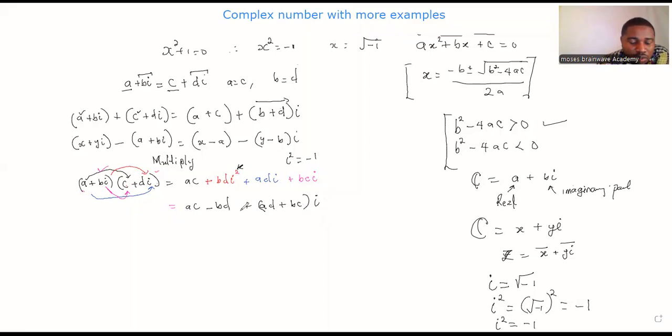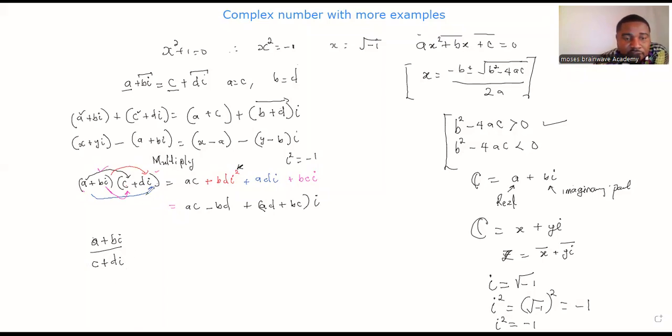Now, also, if I want to divide a complex number, let's give some example here. Let's say I have A plus BI. Now I'm supposed to divide this by C plus DI, right?